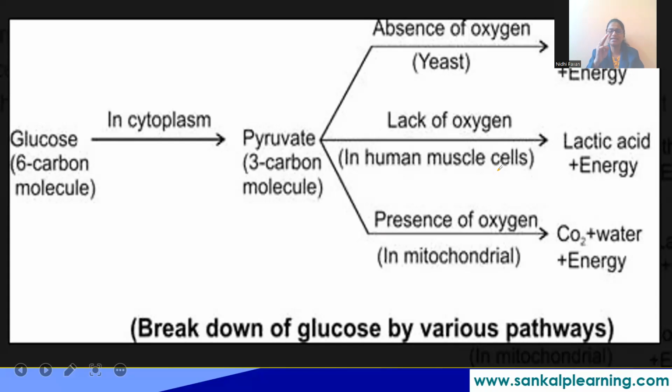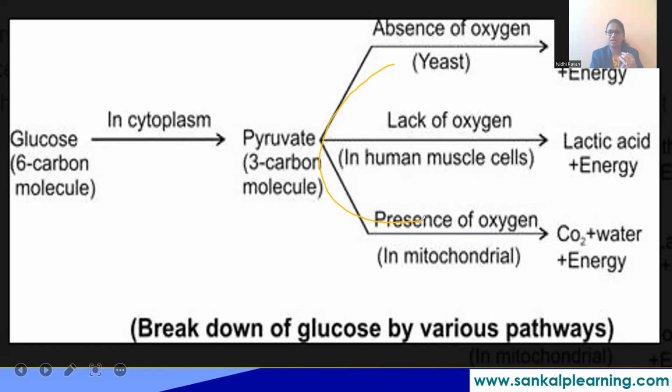Next, here they classified it into 3 categories. The first case is absence of oxygen. When pyruvate is formed in absence of oxygen, this case occurs in an organism called yeast. Yeast is an example of a fungus, in the mushroom family.